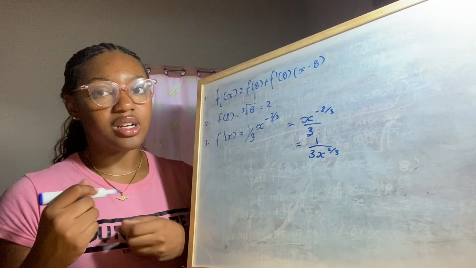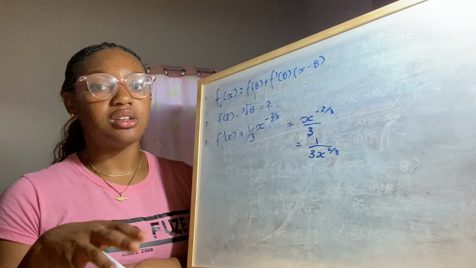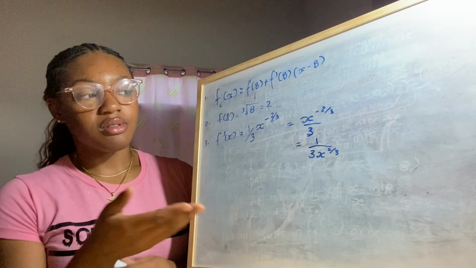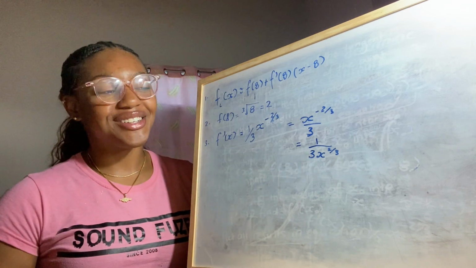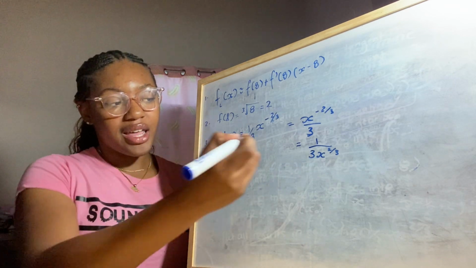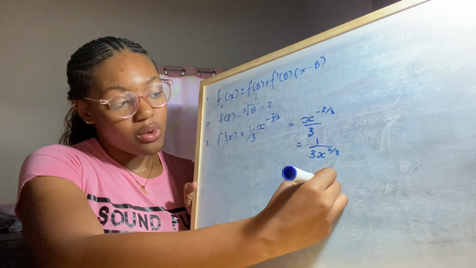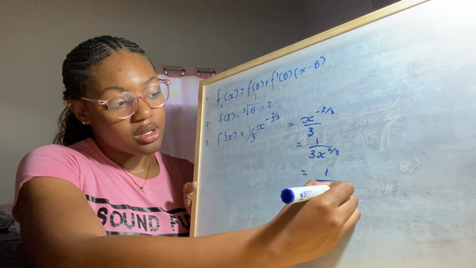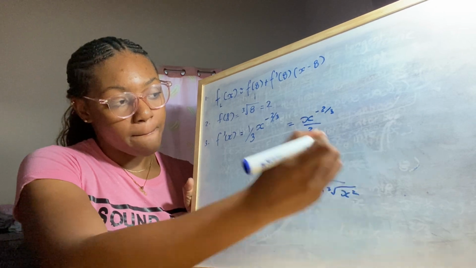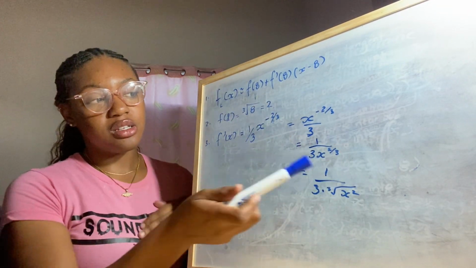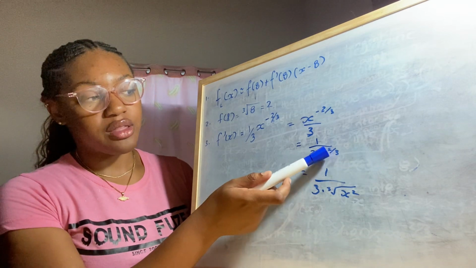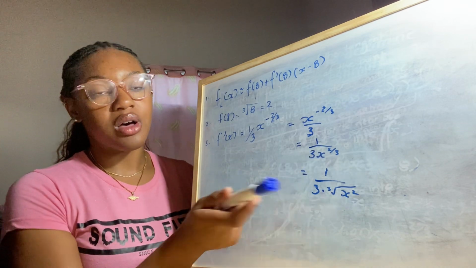So notice how the negative is gone because I placed it in the denominator. Next is that since I have x being raised to the 2/3, I can rewrite this as 1/3 times the cube root of x squared. Because recall that the denominator represents right here, the third represents the type of root it is, and the numerator represents the power that x is raised to.